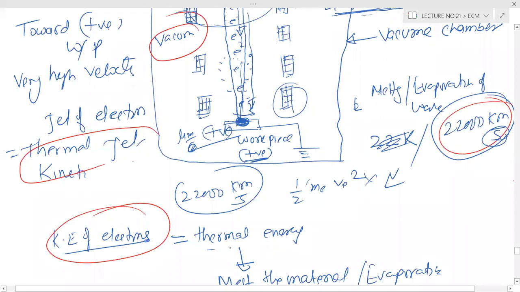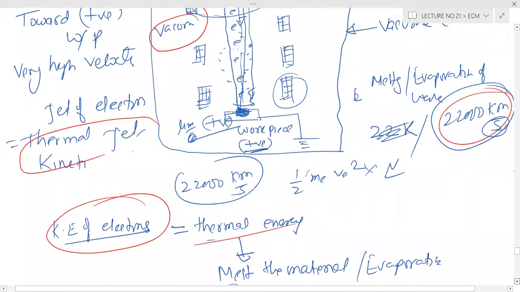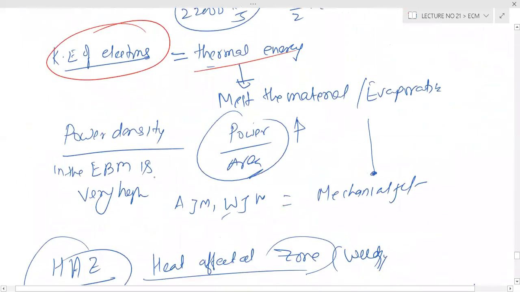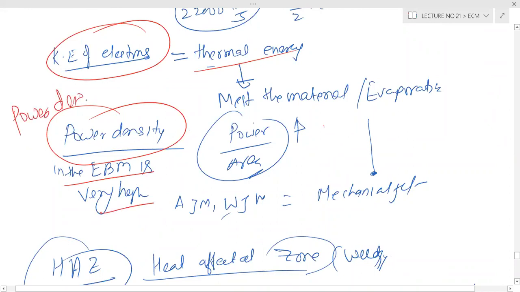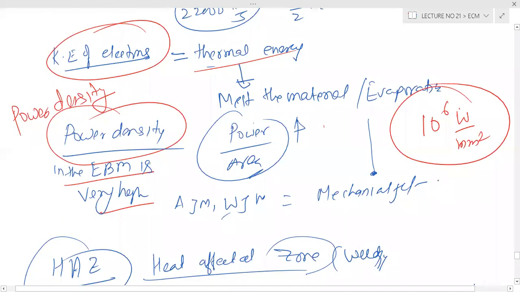Kinetic energy of electrons becomes thermal energy. Then very high power density, almost in the range of 10 raised to power 6 watt per millimeter square. This is the power density range.